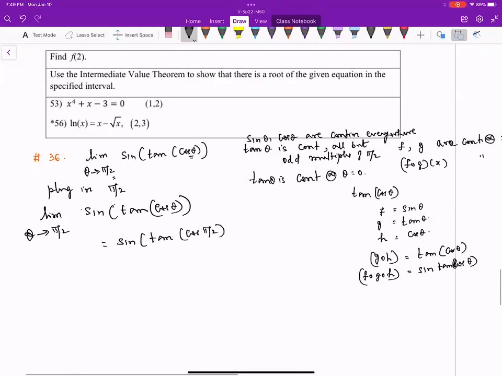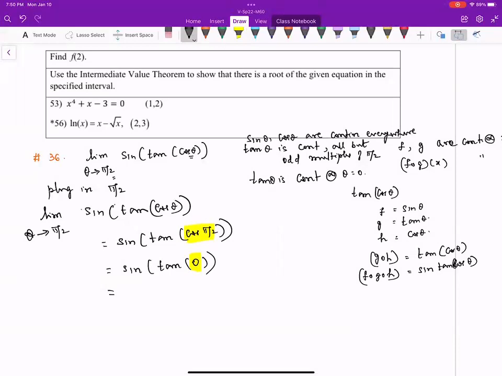Let's start computing from the inside. First let's examine what cosine pi by 2 is. As you all know, cosine pi by 2 is 0. So we have tan 0 inside. So tan is defined at 0, its value is equal to 0.